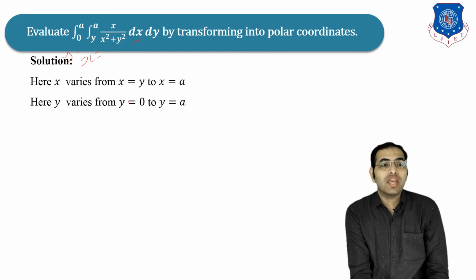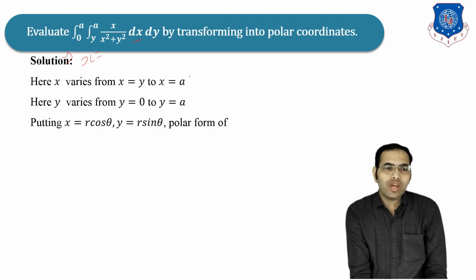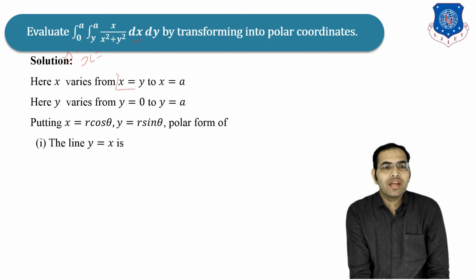Firstly, we have x varying from x equal to y to x equal to a, and y varying from y equal to 0 to y equal to a. Then we have the formulas for polar coordinates, x equal to r cos theta and y equal to r sin theta. Firstly we consider the line y equal to x.